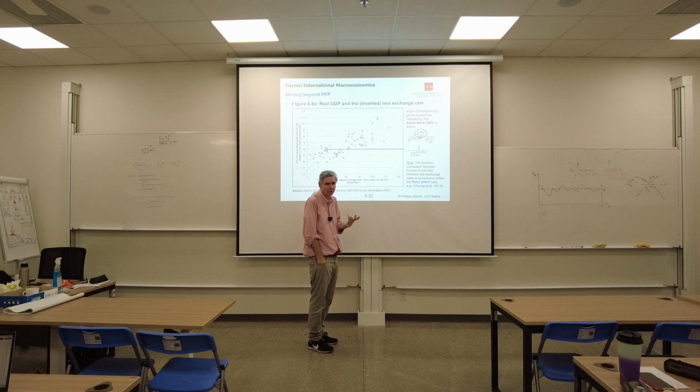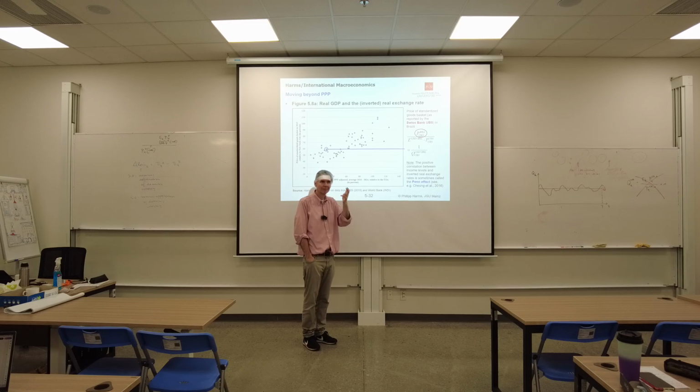Because absolute purchasing power parity is based on the assumption that the Big Mac should cost the same in all countries. That's the very basis. Now here you see that the Big Mac is expensive in rich countries and inexpensive in poor countries, systematically so. And this will be the basis for learning more about the real exchange rate, which we will do tomorrow.